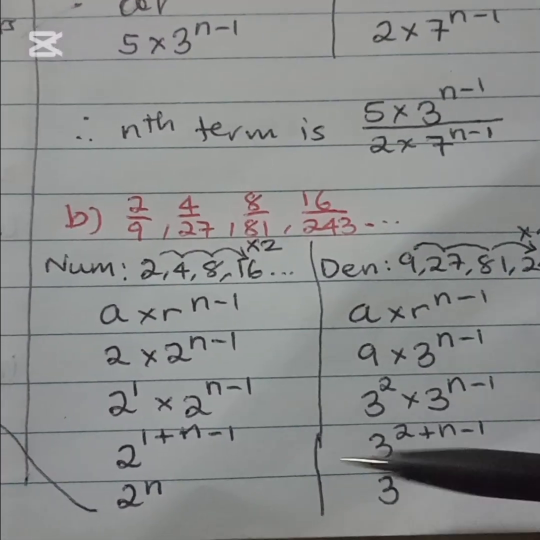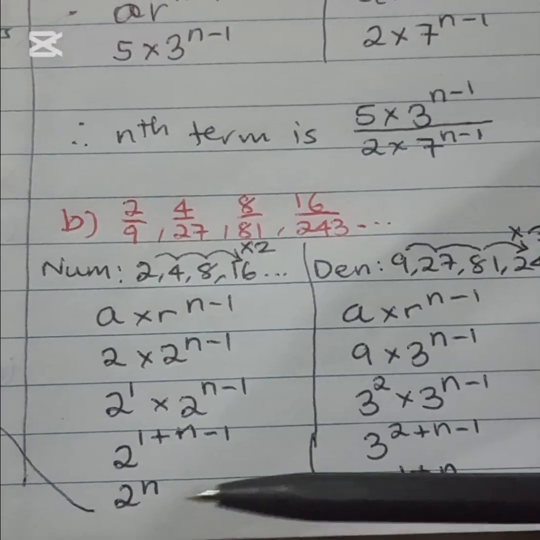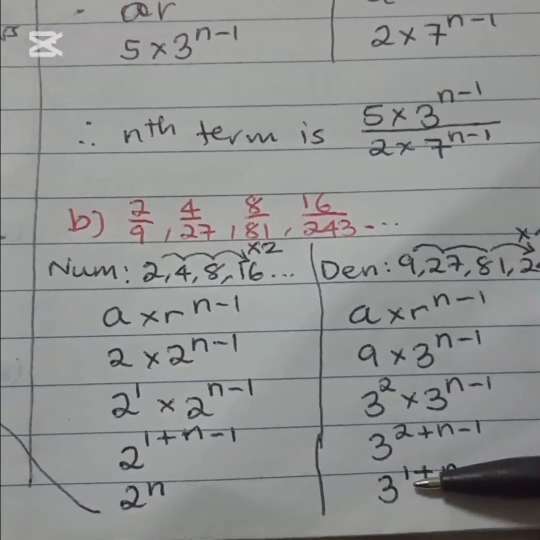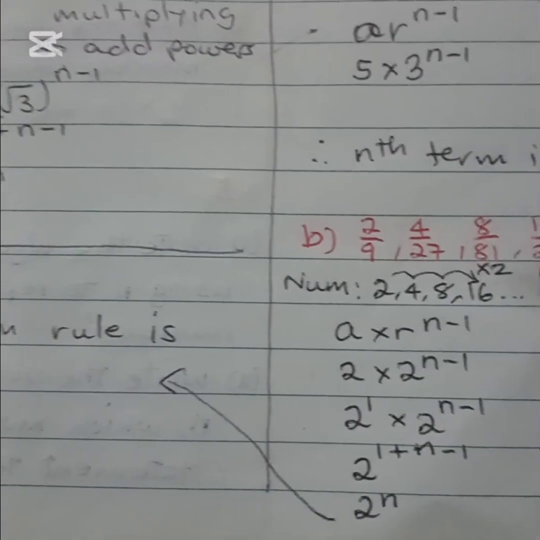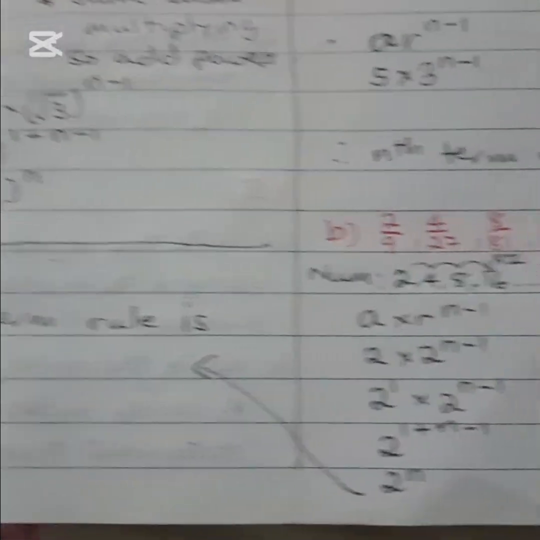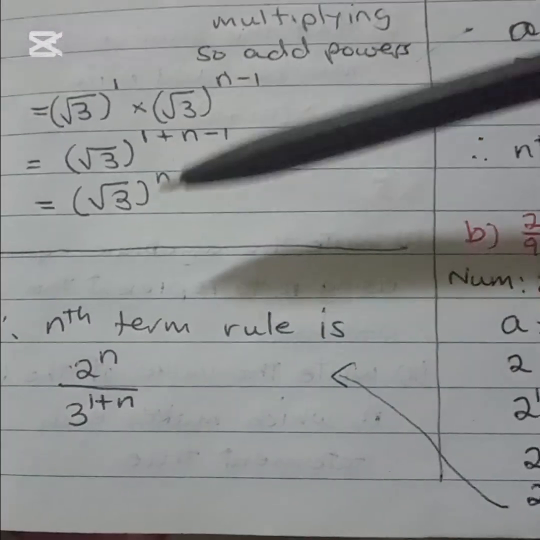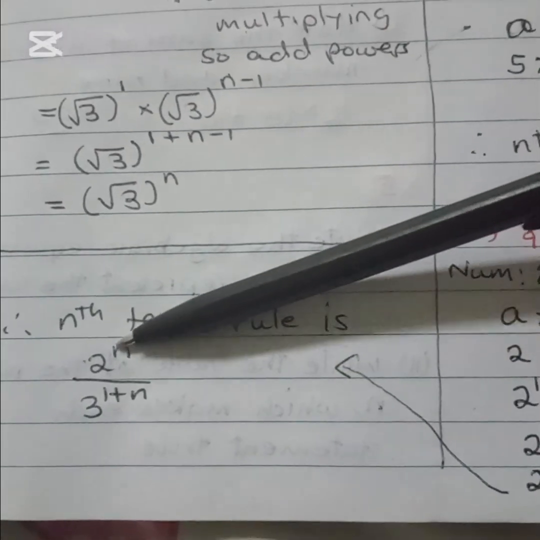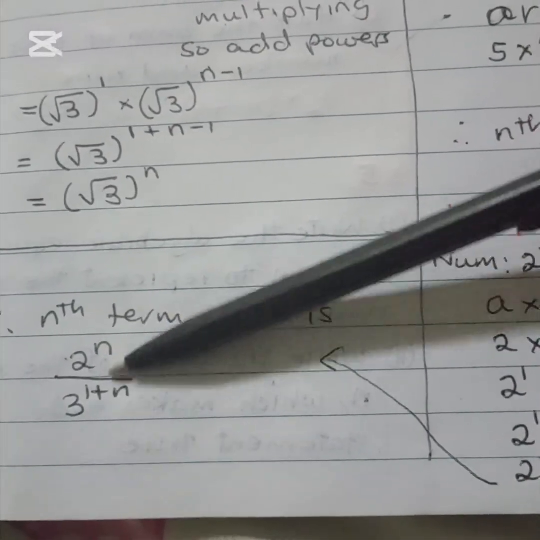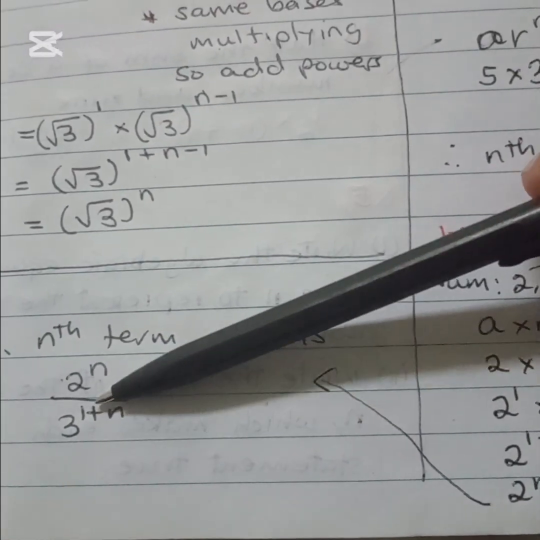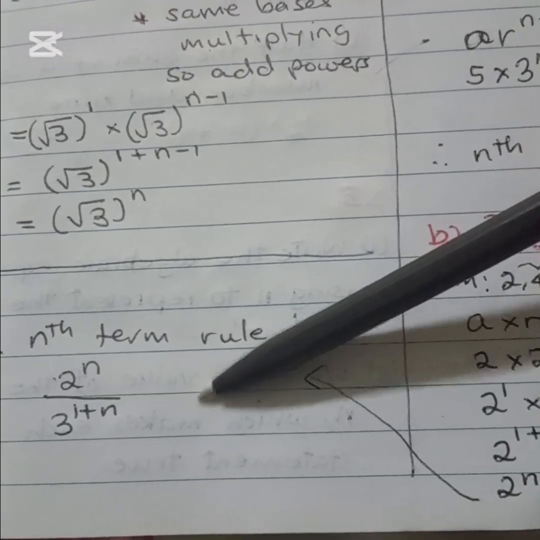And we combine these two, numerator and denominator n terms, to come up with the n term for the whole geometric fractional sequence. And here we have it: 2 to the power n over 3 to the power 1 plus n.